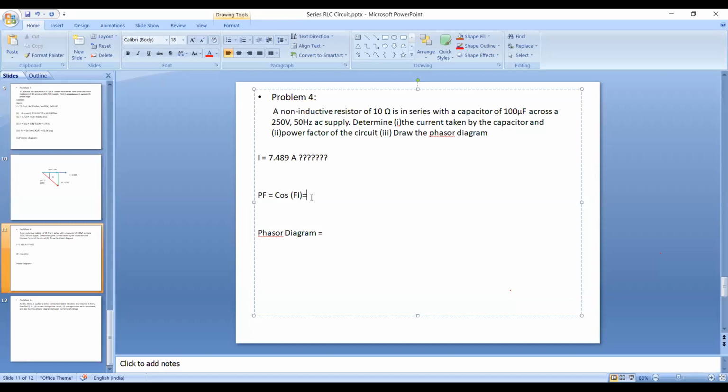The I is 7.49. Correct. What's the power factor?